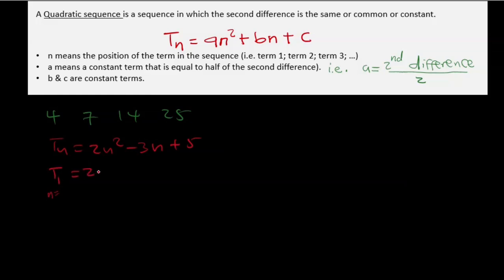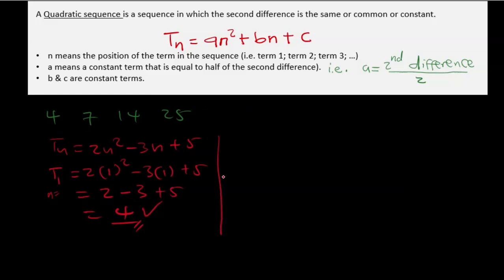So wherever I see n, I'll put 1. So this is 2 minus 3 plus 5. 2 minus 3, that is minus 1, plus 5, that is 4. So this is correct. Now let's do the other part.